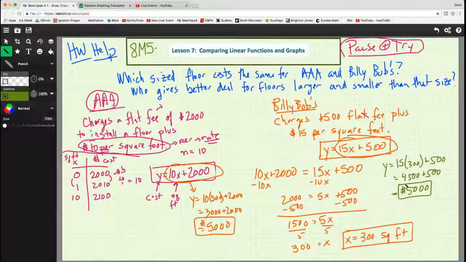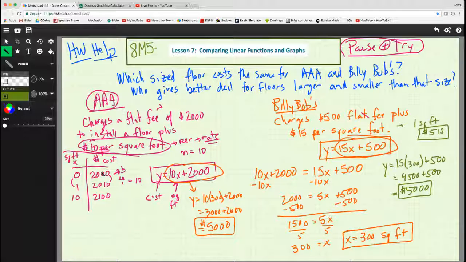So let's see, for floors smaller than 300, who gives you the better deal? Well, let's try a really tiny floor of like 1 square foot. Well, for 1 square foot, Billy Bob would only charge you 500 plus 15, so 1 square foot would be 515.